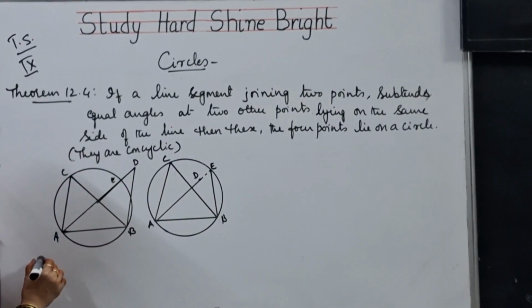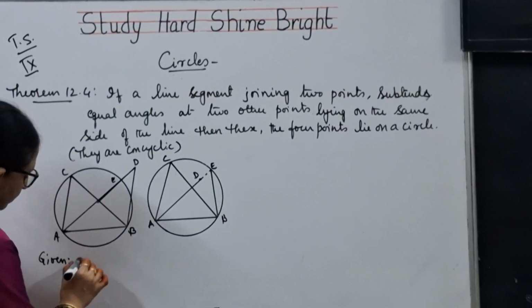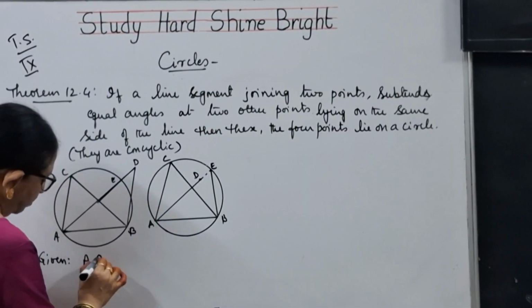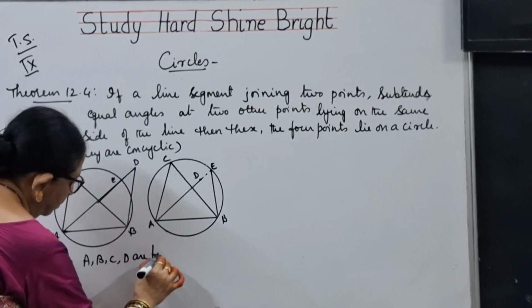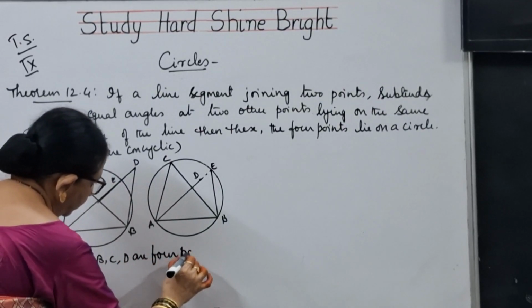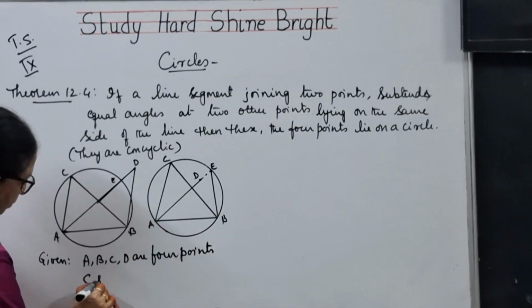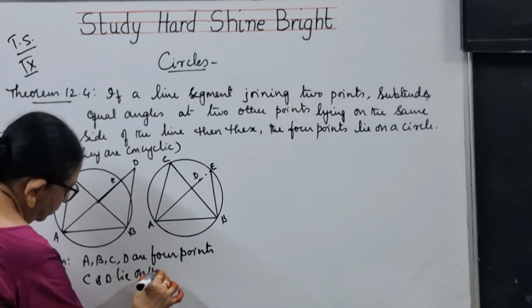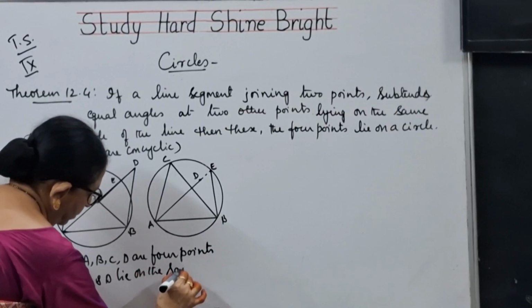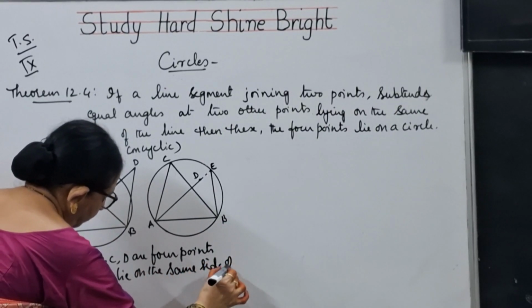So what is given to us? A, B, C, D are 4 points. C and D lie on the same side of AB.